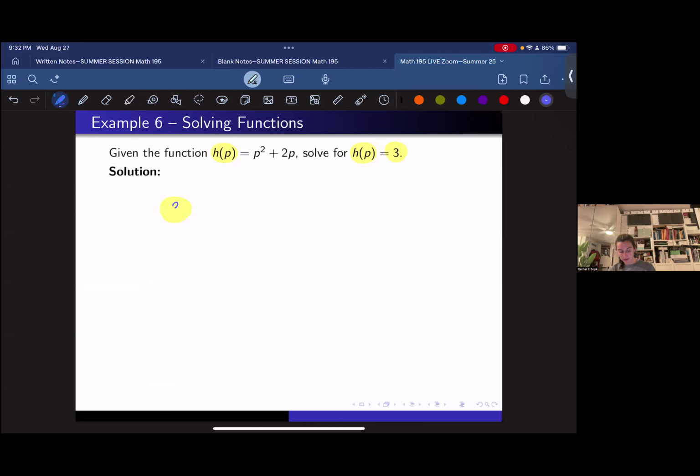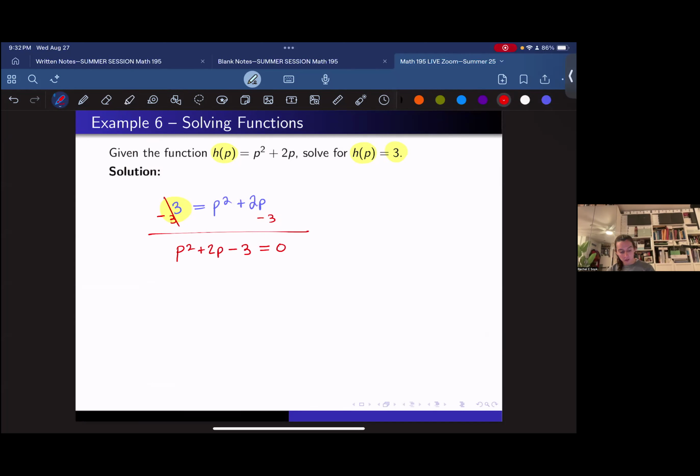So we can rewrite this as 3 is equal to p squared plus 2p. We're going to go ahead and subtract 3 from both sides so that we can clearly see that we're looking at a quadratic equation, because it's equal to 0.